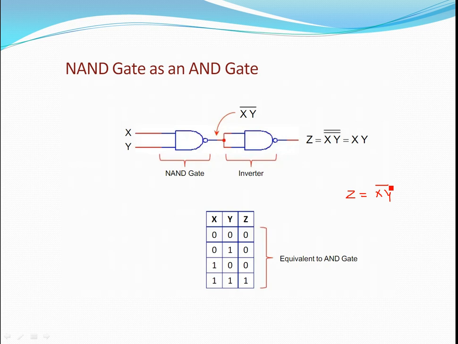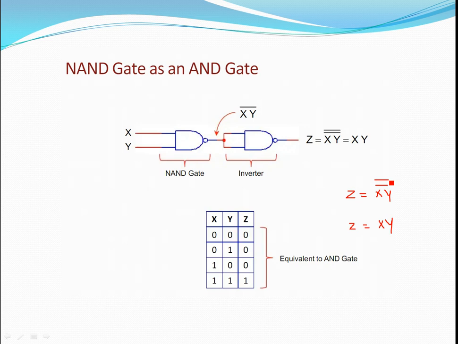So this is the NAND gate expression. Now to design the AND gate, we know that the AND gate expression is Z equals XY, because it's a complement of the NAND gate, right? So the NAND gate expression is Z equals XY whole bar. To get XY, just take the complement of this NAND expression.